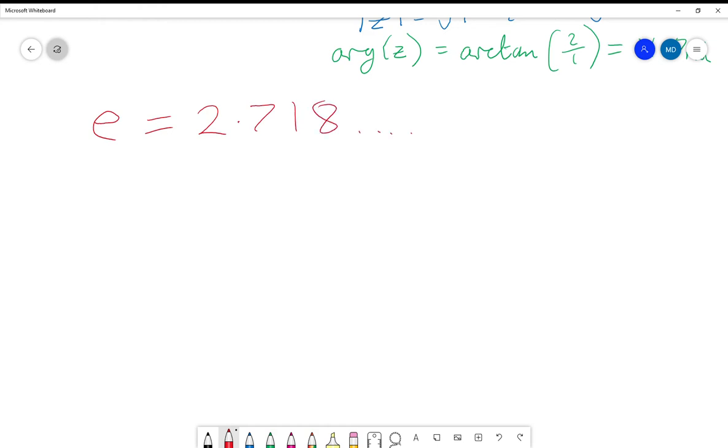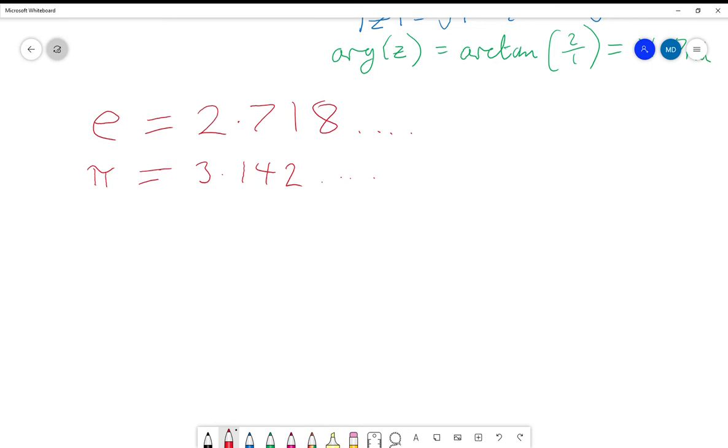It's not a recurring decimal, but it is an infinitely long decimal, so it's an irrational number. We also have a number pi, which we may have heard of before, and that is approximately 3.142. And again, that carries on infinitely. It is irrational, not a recurring decimal, but an infinite one nevertheless.